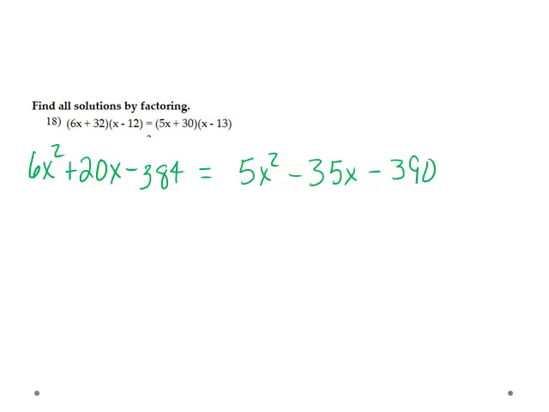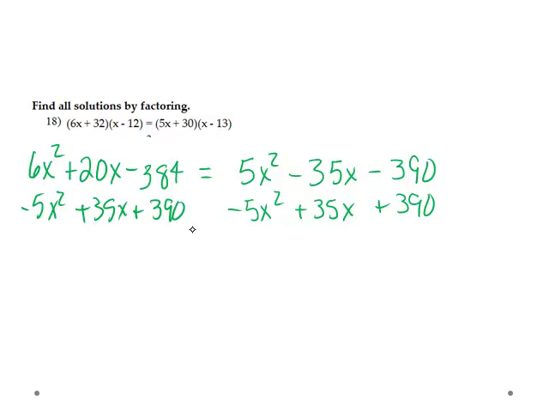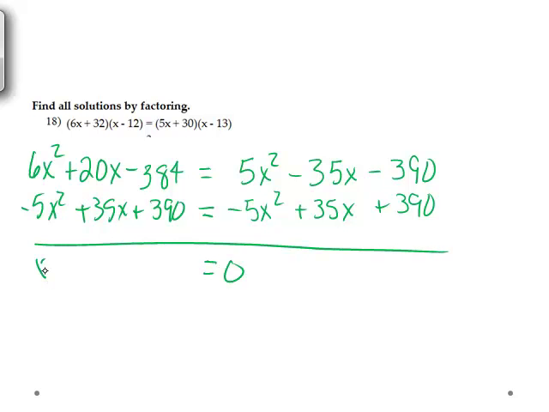Move everything over to the other side, so we're going to subtract 5x squared plus 35x plus 390 to both sides. And we're going to get x squared plus 55x plus 6 equals 0.